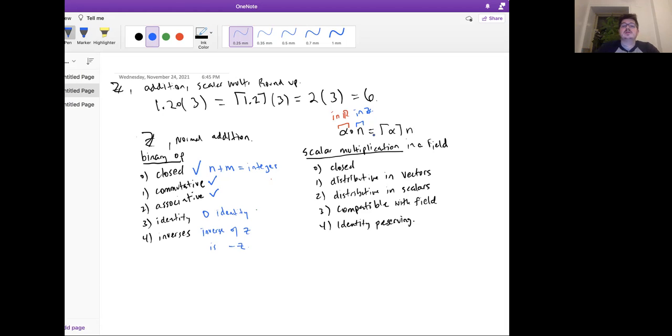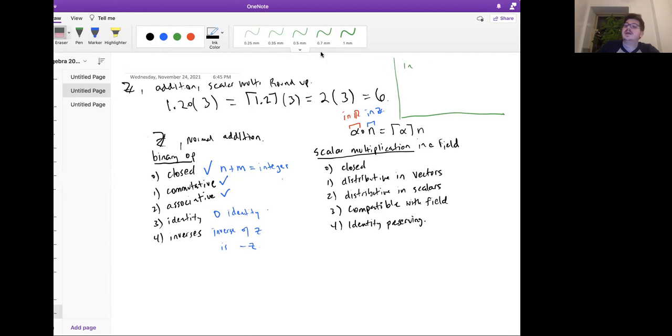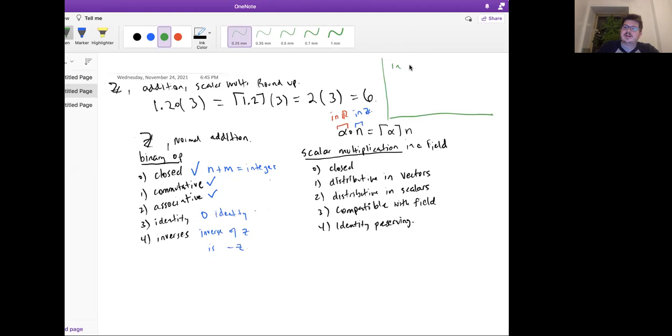Sure. So this is a special type of scalar multiplication, but I'm asking about normal scalar multiplication, so that means I just multiply the two numbers. I'll give you an example of when that's not true.